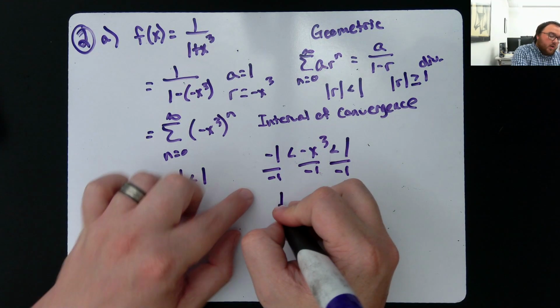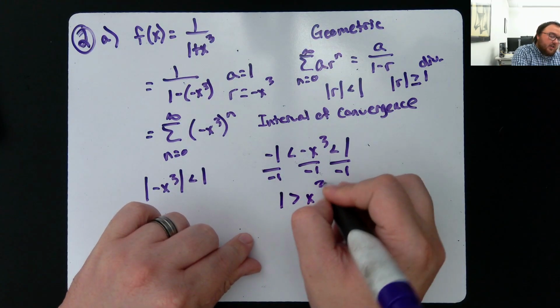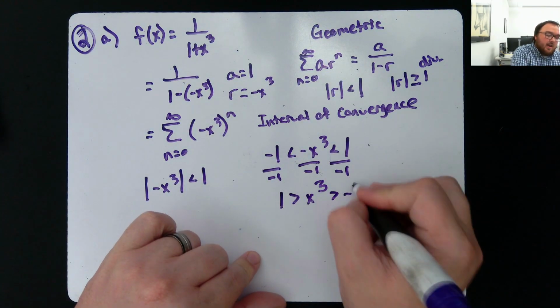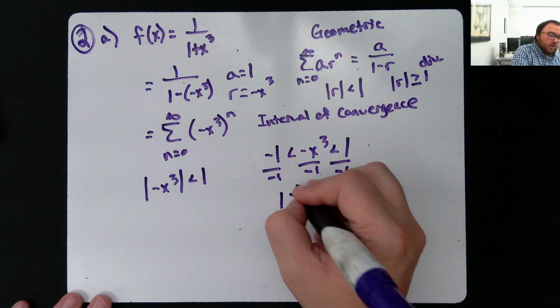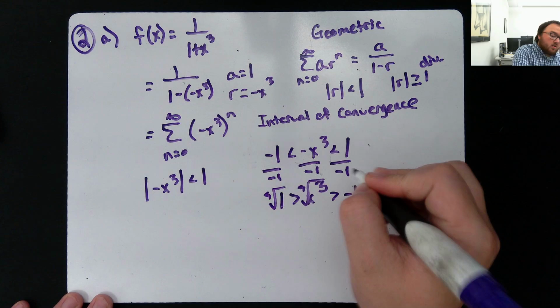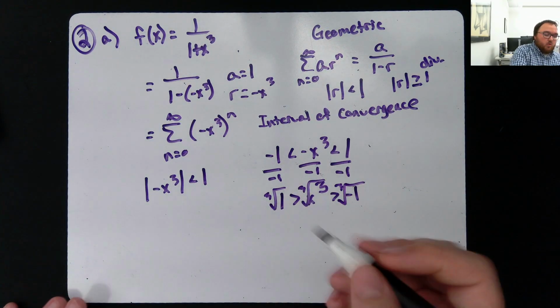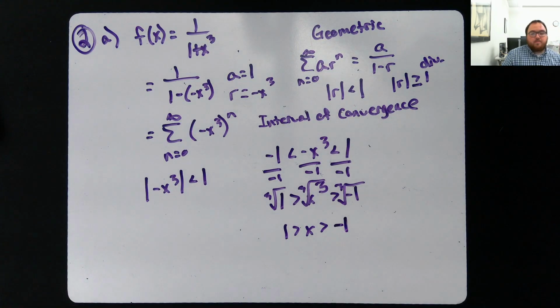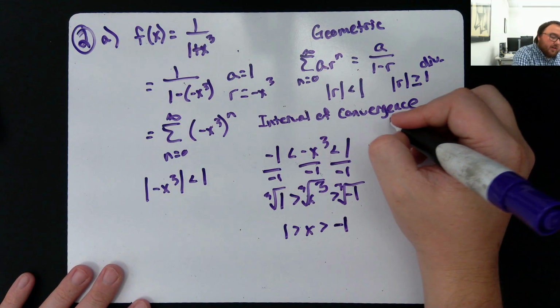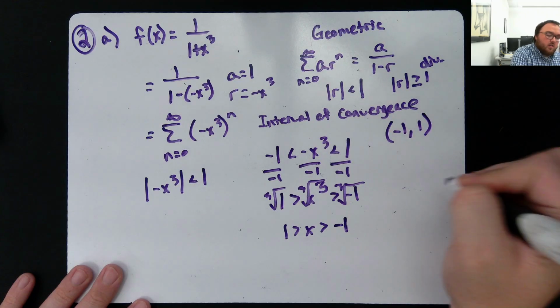So it's going to be 1, flip the sign, x cubed, flip the sign, negative 1. Take the cube root of everything to get rid of the cubed. And cube root of 1 is just 1. Cube root of the negative 1 is just the negative 1. So what I get is negative 1 to 1.